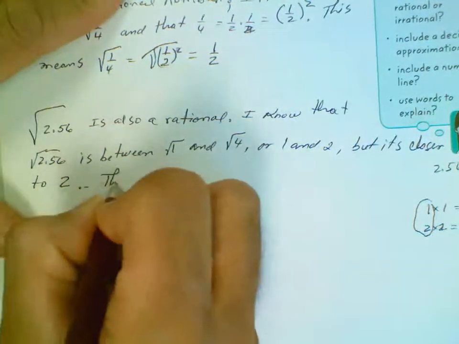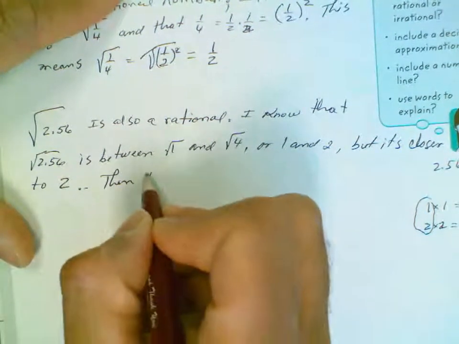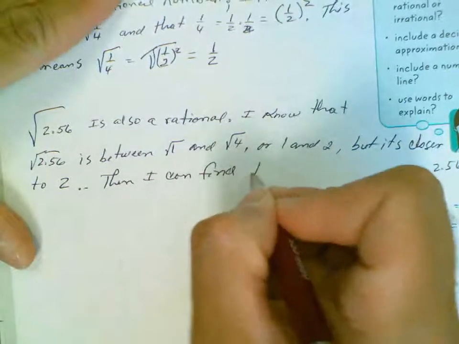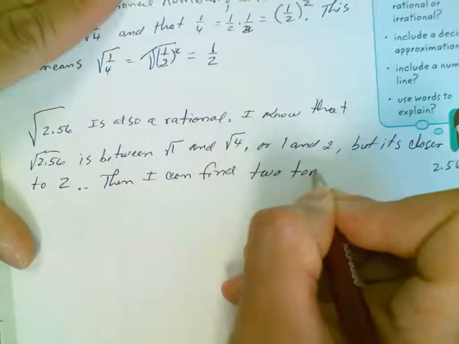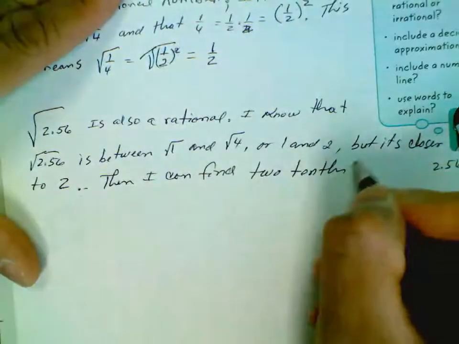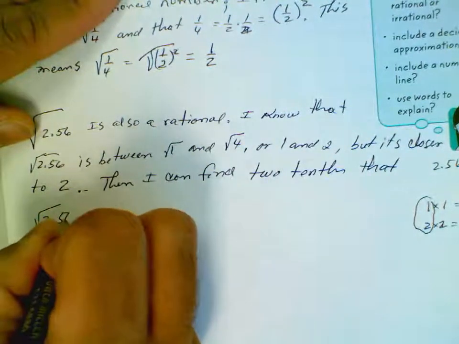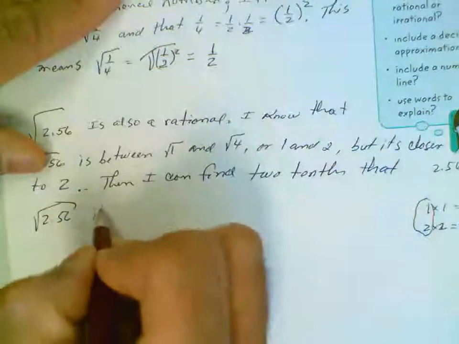Then I can find the 2/10 that the square root of 2.56 is between.